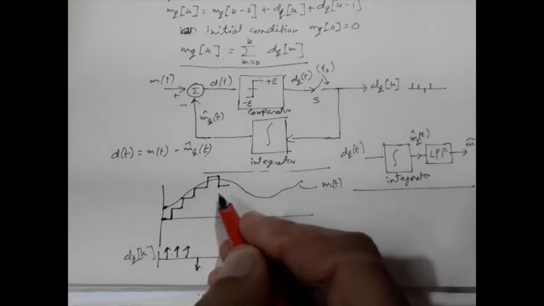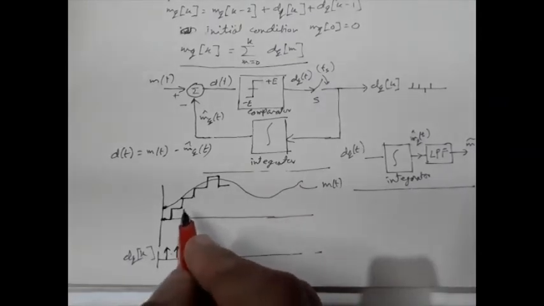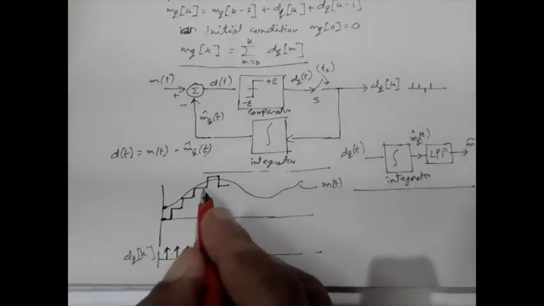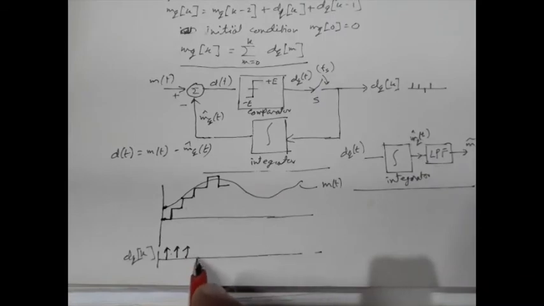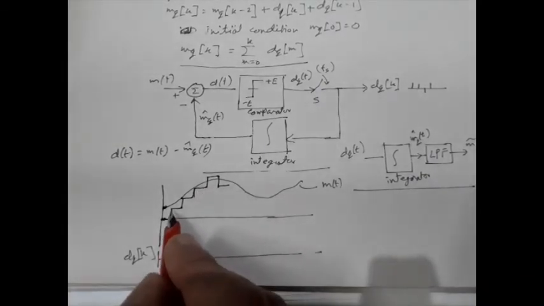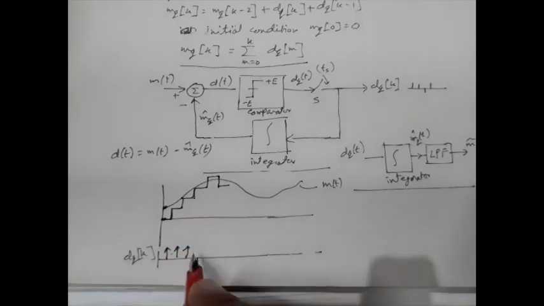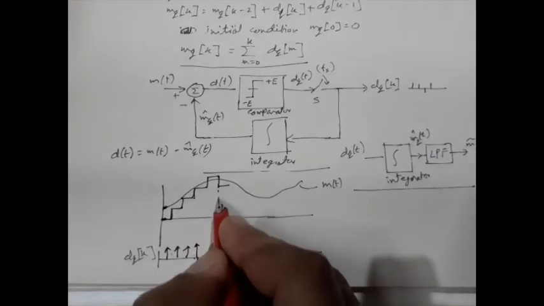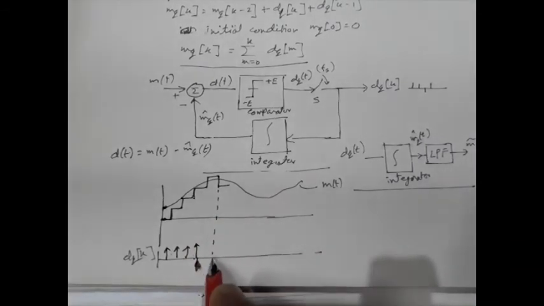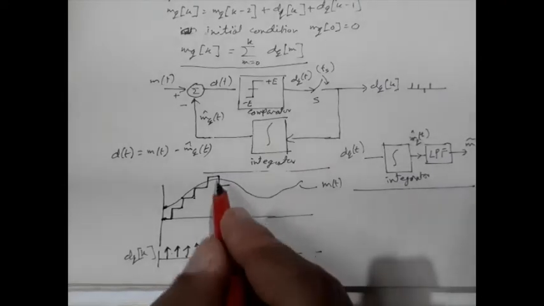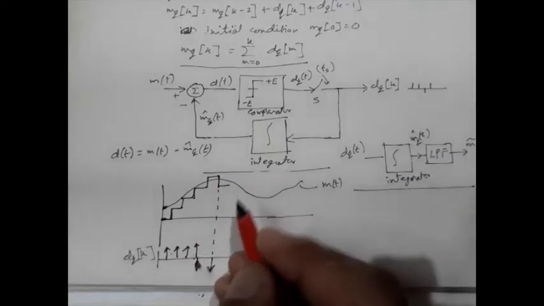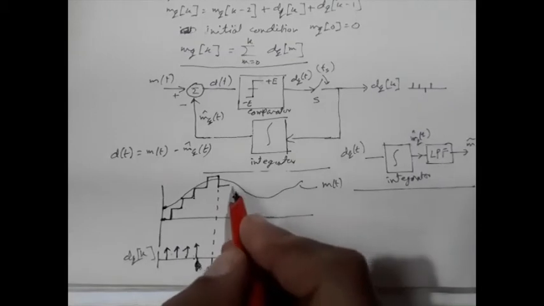So in this way, here actually this one will be a positive voltage, 1, 2, 3, 4, this one will be positive, and here we have the negative. At this point we have the negative voltage.